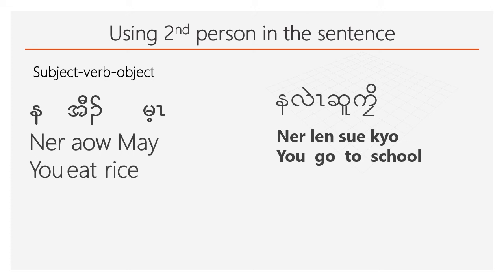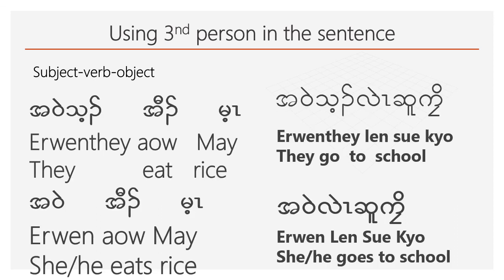So we have subject, verb, and object just like in English when it comes to sentence structure. Because the subject is ne, the verb is le, su is like to, jo is object. So you go to school is ne le su jo.